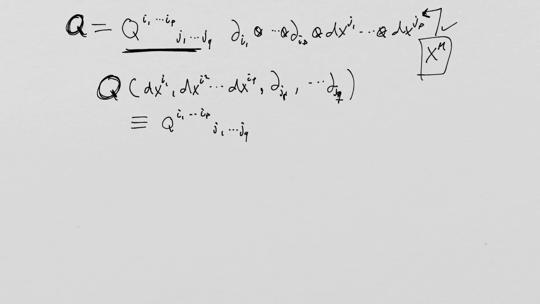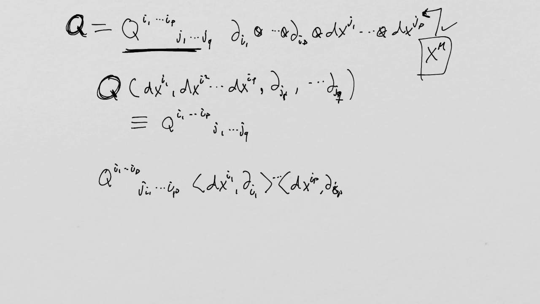Because if we literally do it, we would end up with Q i1 through ip, j1 through jq, and then dx i1 partial i1, some dots, dx ip partial ip, and then dx j1 partial j1 dot dot dot dx jq partial jq.